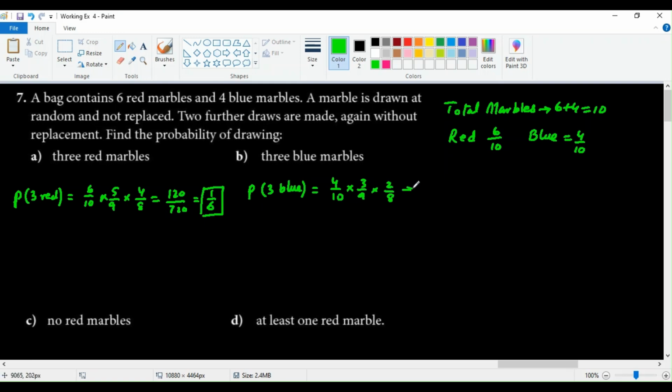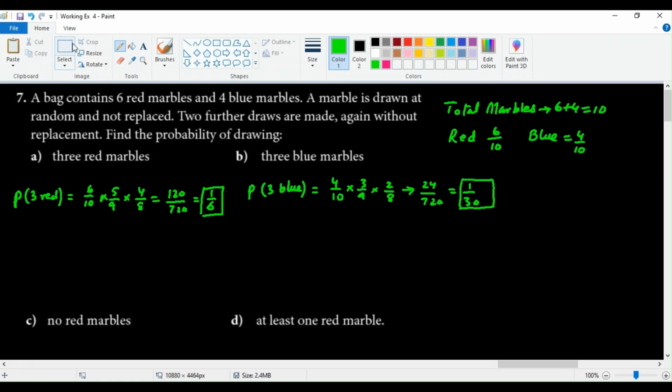So finally, it's going to be 24 over 720. When divided by 24, it's going to give us 1 over 30. This is the answer for the second part.